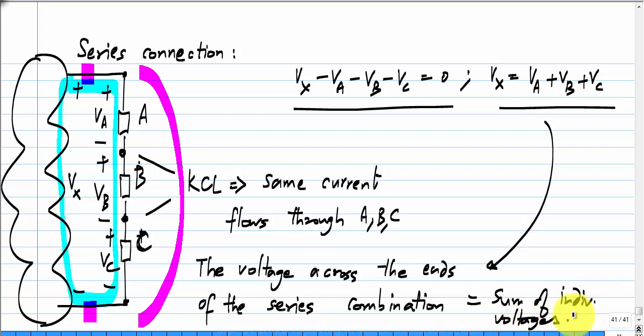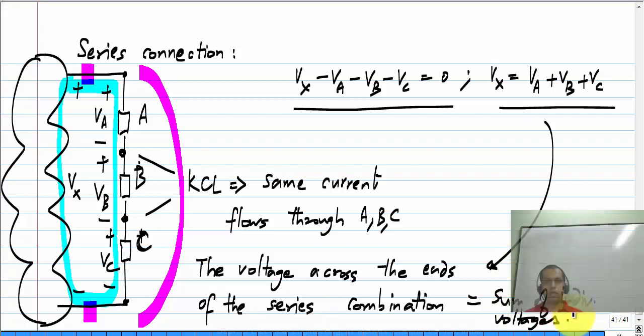So this then is the definition of series connection. The same current flows through all the elements, and the net voltage between the ends of the series combination is the sum of the individual voltages across the elements.